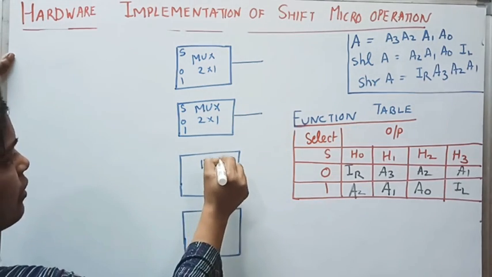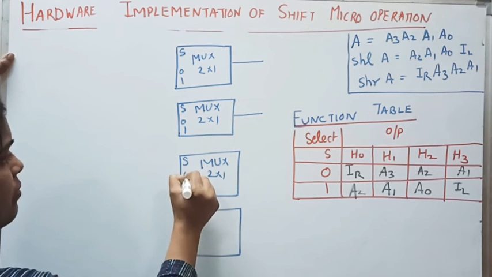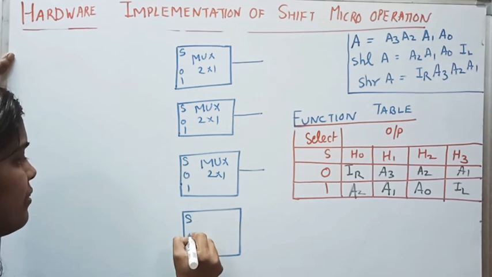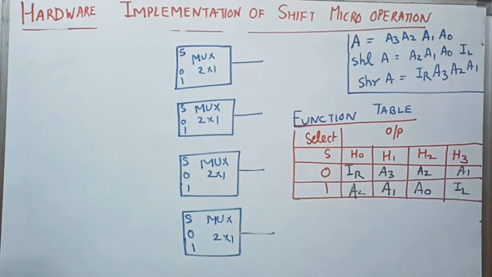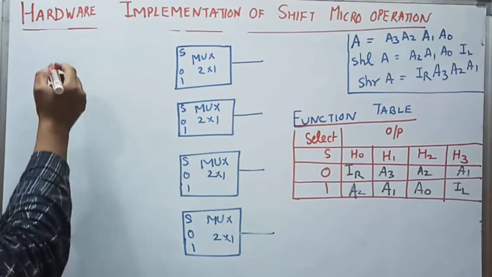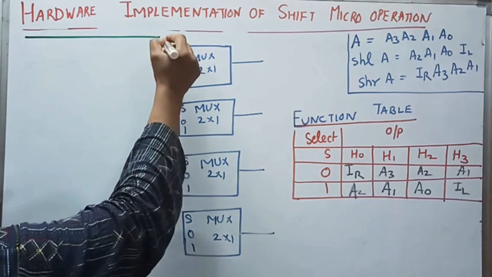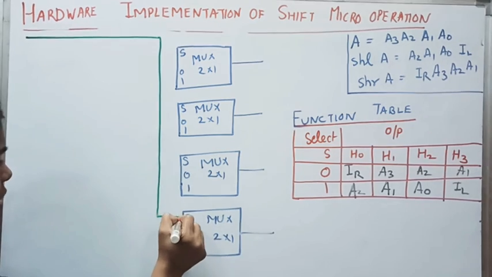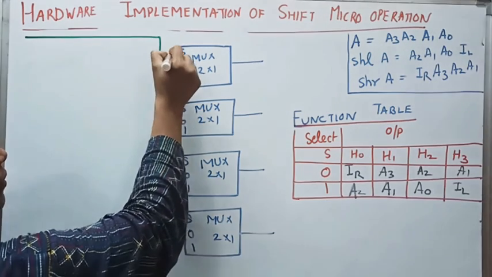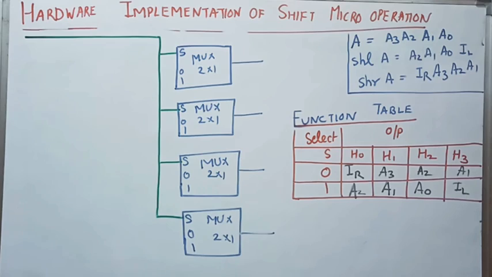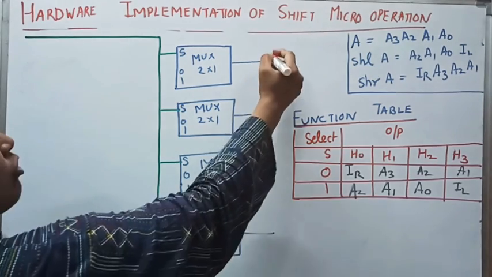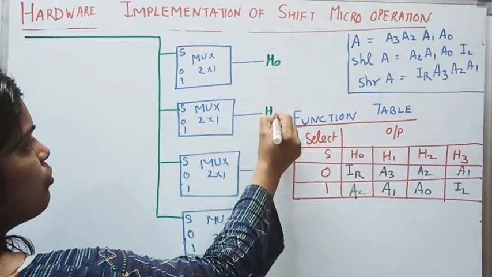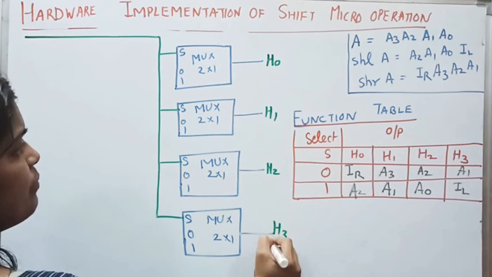The same steps repeat for all four multiplexers. Now for the selection line, you can take this selection line, and it will go to each and every multiplexer. The outputs are H0, H1, H2 and H3.